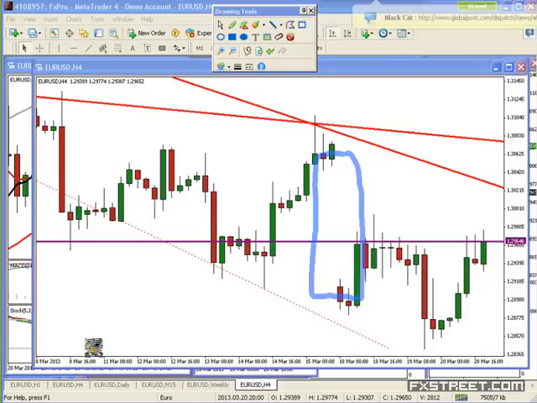But some sort of bailout for Cyprus, or something that isn't so detrimental as the original plan that involved a levy on all deposits at all Cyprus banks, could give the euro at least a near-term boost.